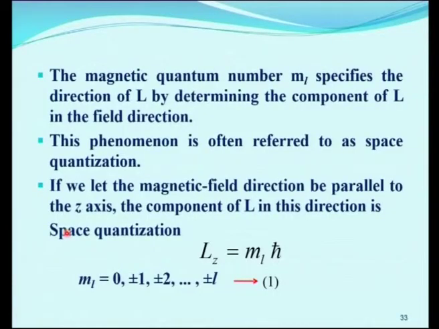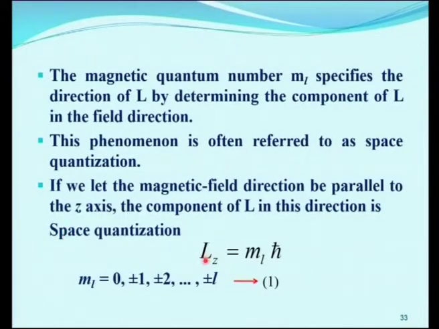However, angular momentum, like linear momentum, is a vector quantity, and to describe it completely its direction must be specified as well as its magnitude. So, the magnetic quantum number m_L specifies the direction of L by determining the component of L in the field direction. This phenomenon is often referred to as space quantization.